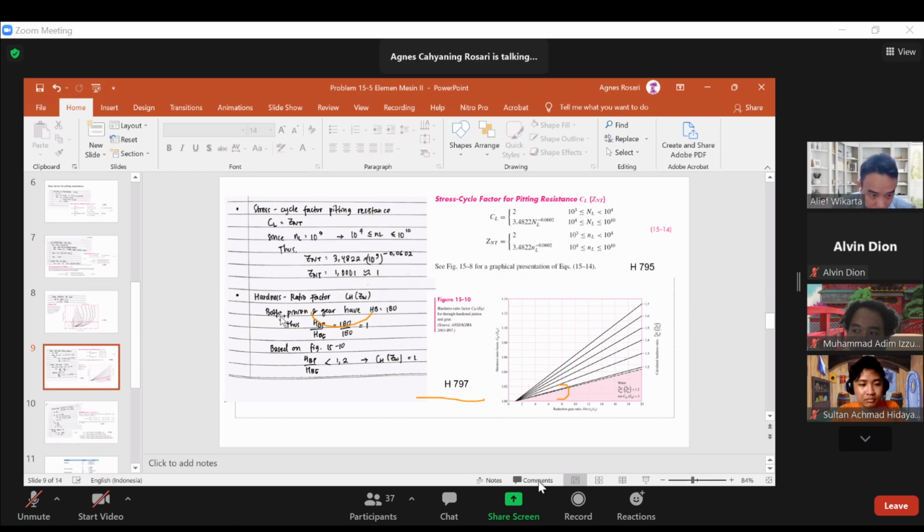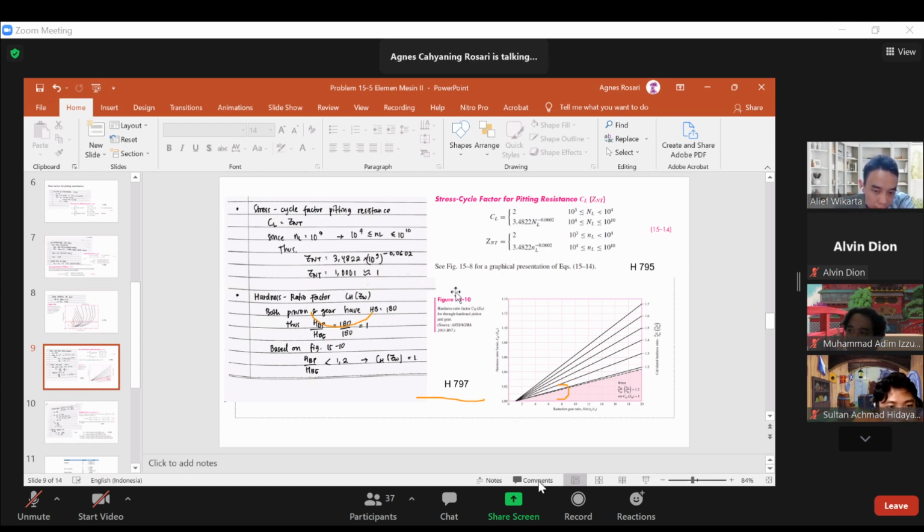And then for the hardness ratio factor, we take a look at figure 15-10. We know that the Brinell number is 180, both gear and pinion.